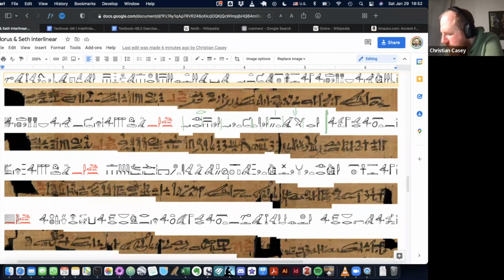Minor note on S. The third person feminine singular suffix pronoun is generally written with a T in late Egyptian. I think we might have seen that before. Mm-hmm. And then Jed Tef.